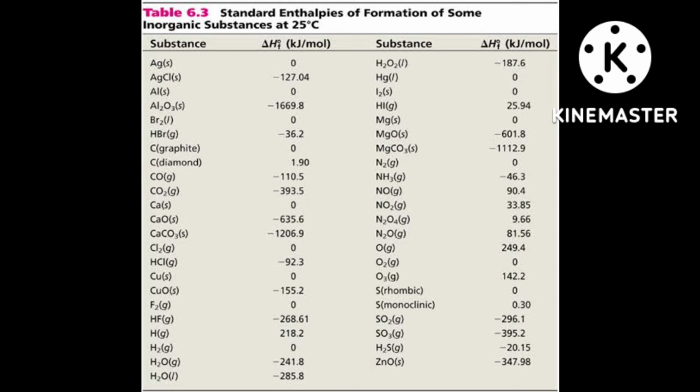And if H2 is there and you want H, then you have to supply 217 kilojoule per mole. And if graphite is there and you want carbon atom gas, then you have to supply more heat.